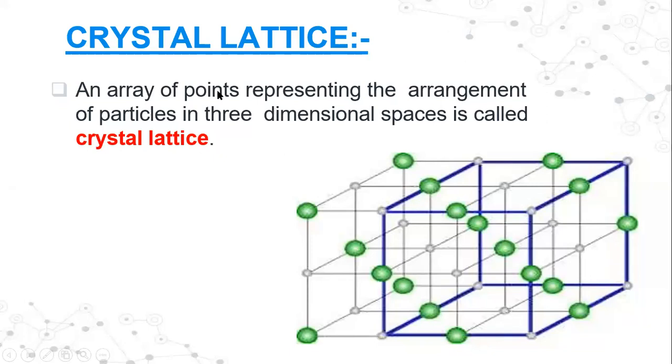An array of points representing the arrangement of particles in three-dimensional spaces is called a crystal lattice. This array of points represents the arrangement of particles in three-dimensional spaces with the help of unit cells, and a club of unit cells helps to define the crystal lattice.